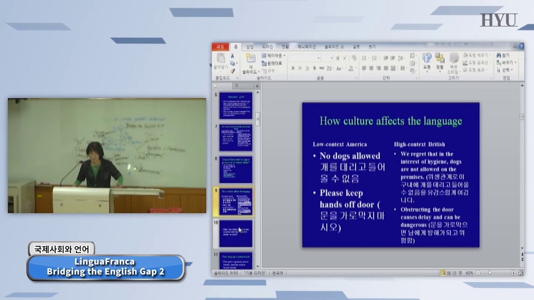We will not elaborate on what low context and high context culture are now; in the next class, we will explain. But for example, this is a case where culture can affect the way they express English. If you are a low context American, they would say: no dogs allowed.